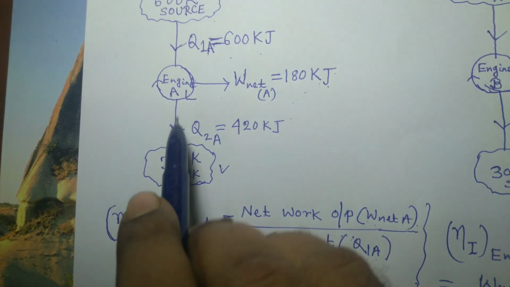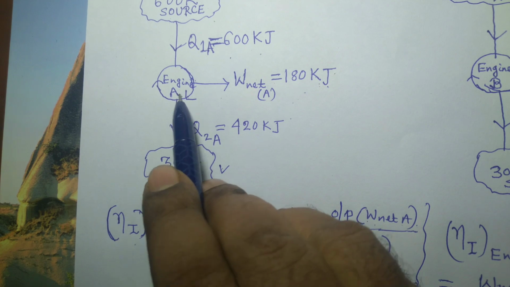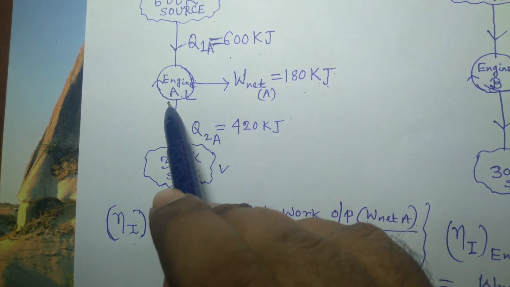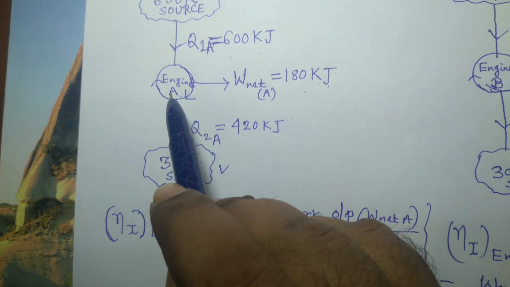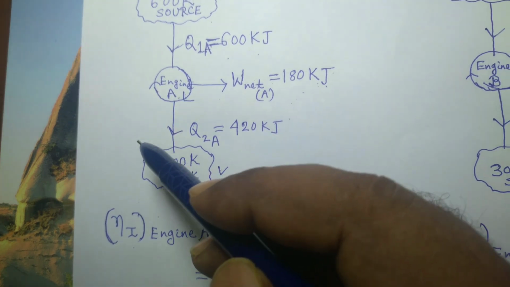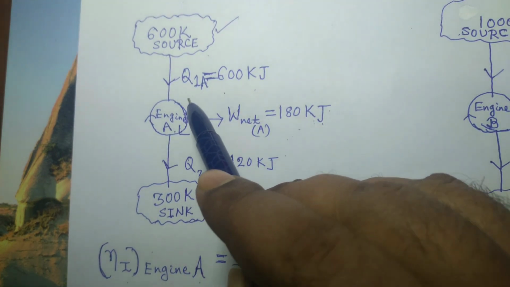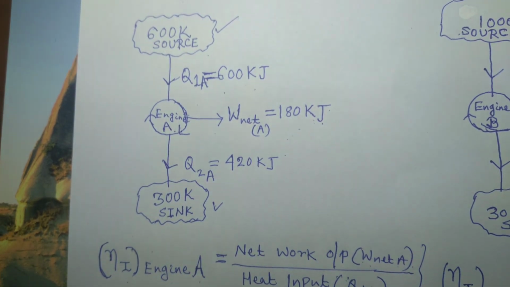So you know what is the efficiency of a reversible engine? When an engine performs a cycle, it consists of a series of processes. If all those processes are reversible, then its efficiency would be maximum according to Carnot theorem.